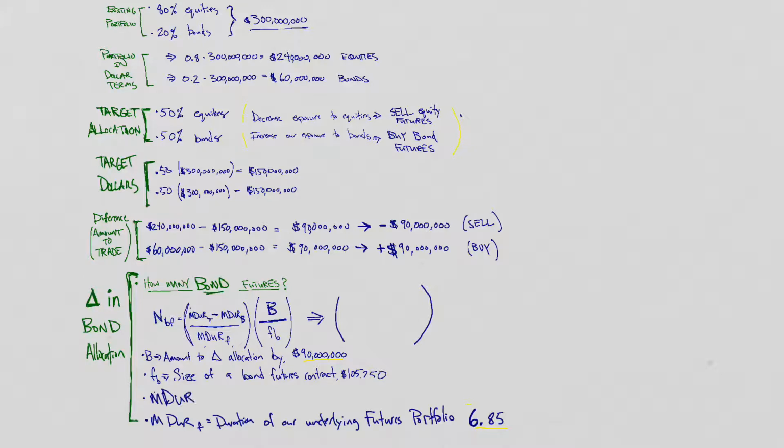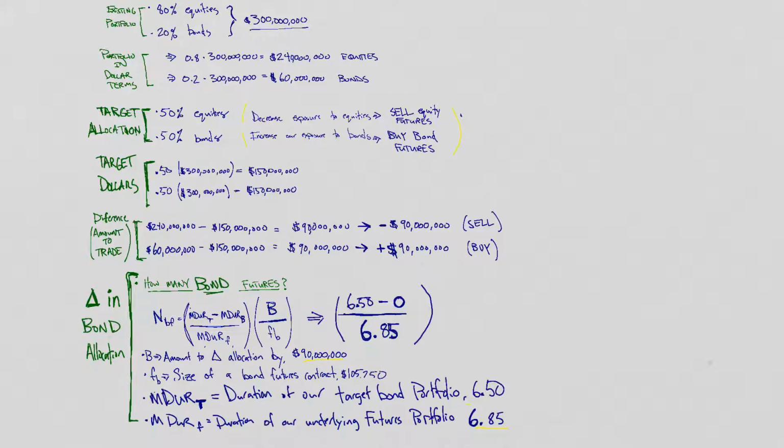The modified duration of the target portfolio is that 6.5. We want to get to that point. And we're starting from a point of zero. We're trying to increase our bond exposure. And that gives us the number that we need without having to change the formula.